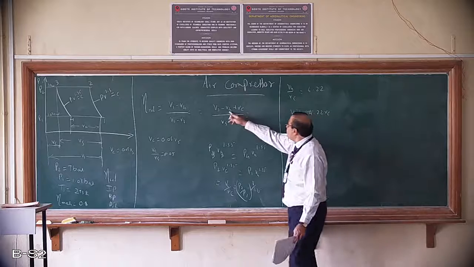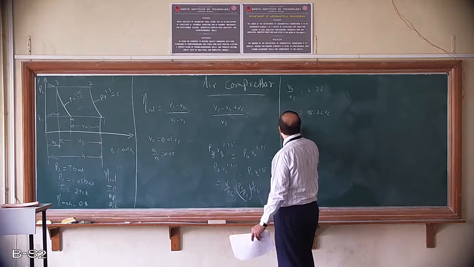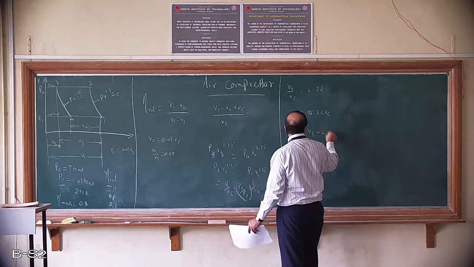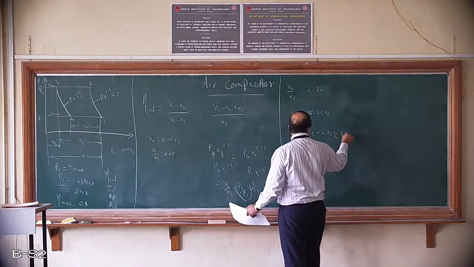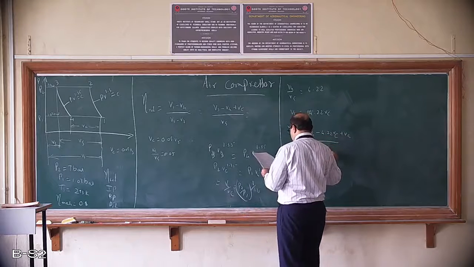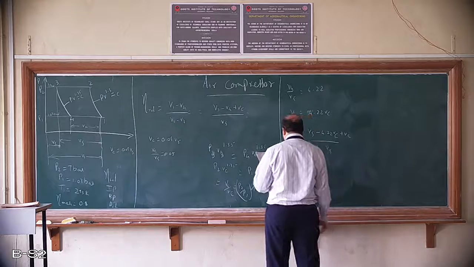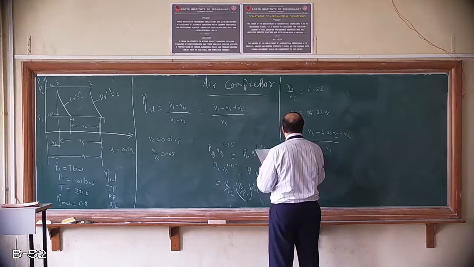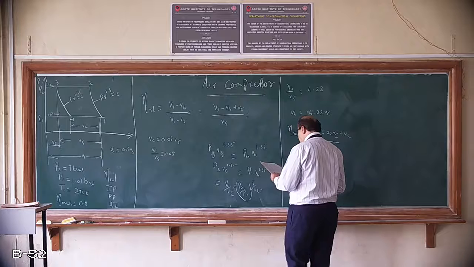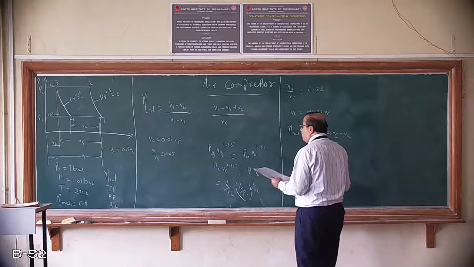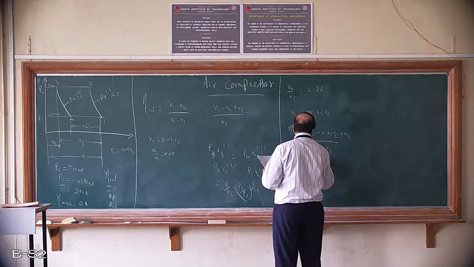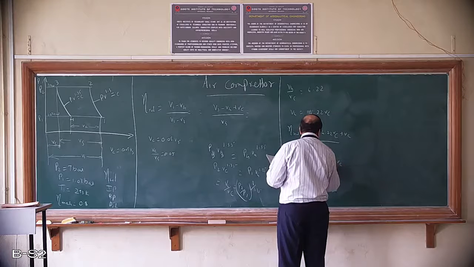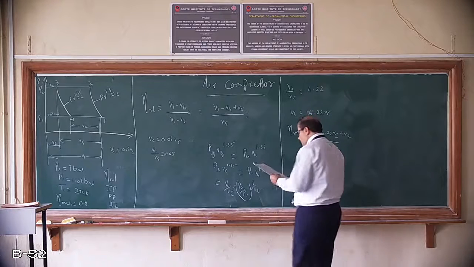So substitute V4 value here. So volumetric efficiency is Vs minus 4.22 Vc plus Vc, by Vs. So in turn, this is Vs minus 3.22 Vc by Vs. So what is Vc?